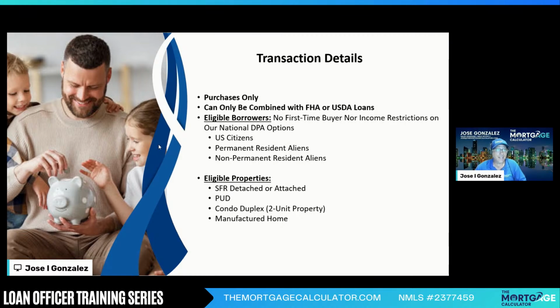This national program can be combined with FHA or USDA loans. Just imagine 100% financing on a USDA loan with 3.5% of the purchase price in forgivable DPA, which can be used for the closing costs, resulting in a cashless transaction.